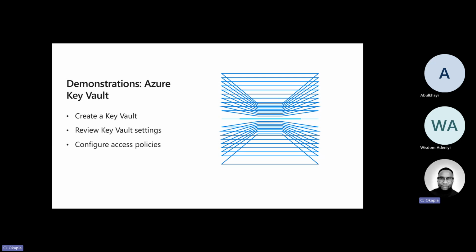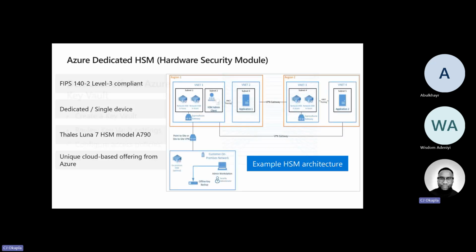That is where we stopped. So, a bit on Azure keywords. I will show from the slides how you can create a keyword, review the keyword settings, and then configure the access policies. We have an Azure Dedicated HSM. HSM means hardware security module.